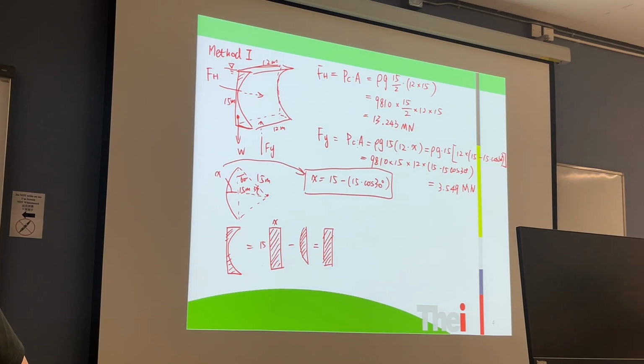This is a geometric problem. We may say this is the A1, A2, and A3.